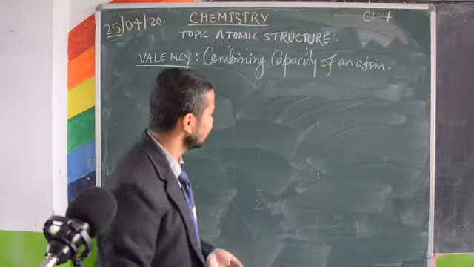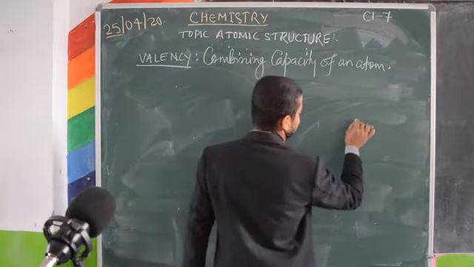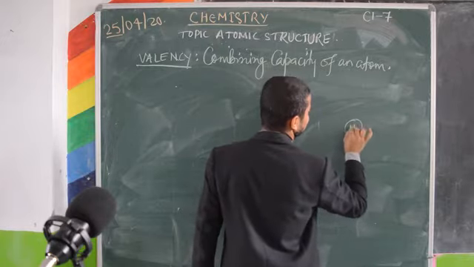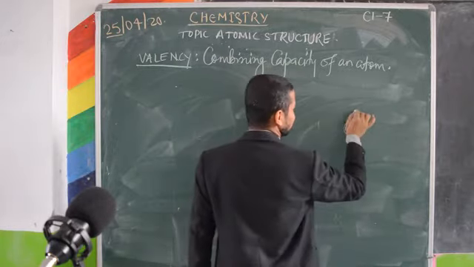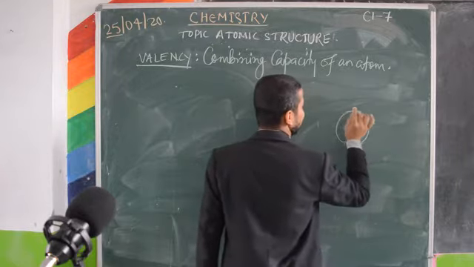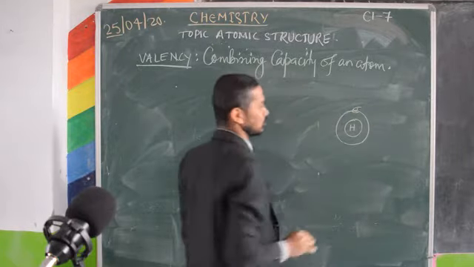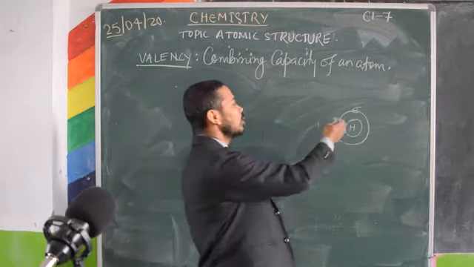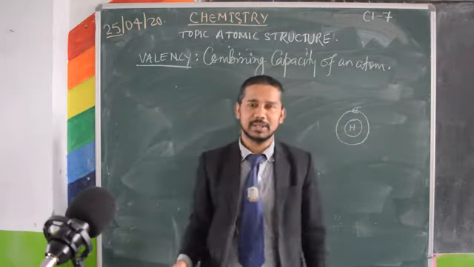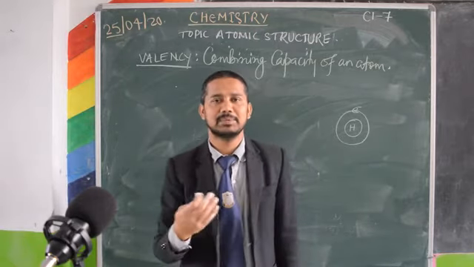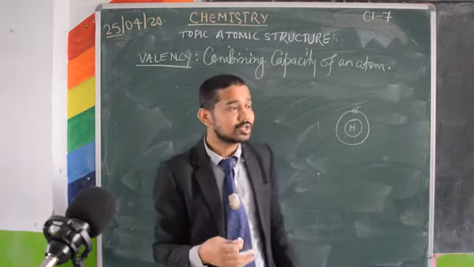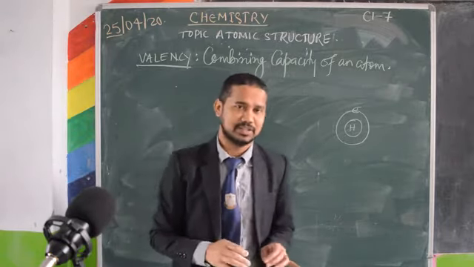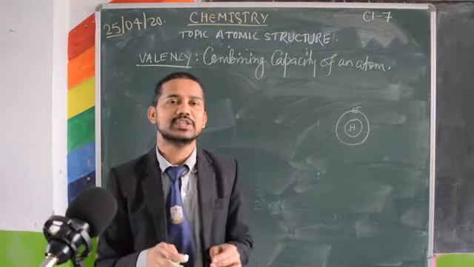Say for example, this is hydrogen. And hydrogen has one electron. Now how will it be stable? Stability means to exist independently.